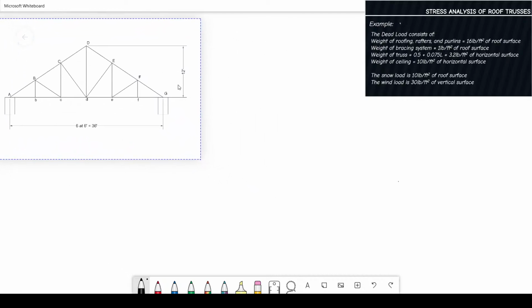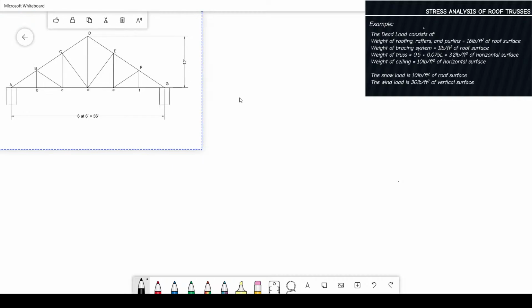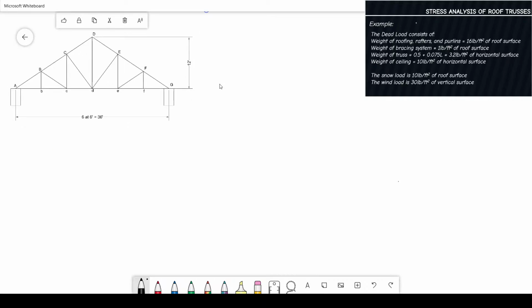So, adin aton roof truss. Okay. So, this is our roof truss. So, ang pag-analyze, again, ipa-find natin ang stress per members. So, that is for you to find out.